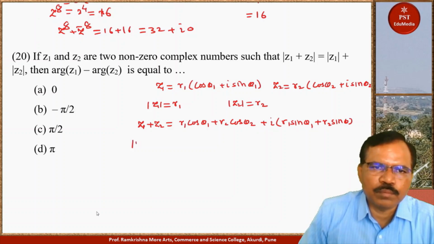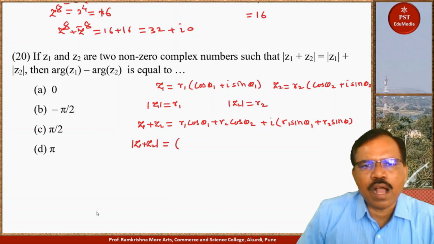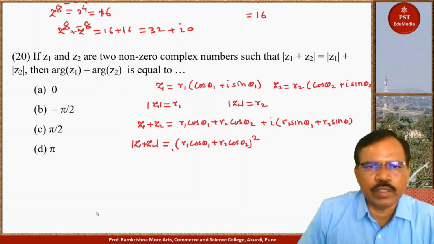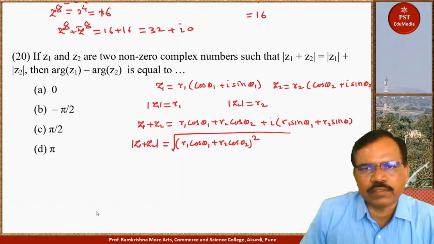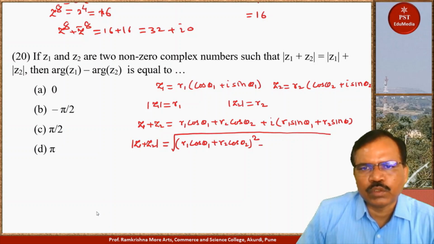So modulus of Z1 plus Z2 will be equal to the square root of real part square plus imaginary part square, that is (R1 cos theta 1 plus R2 cos theta 2) whole square plus (R1 sin theta 1 plus R2 sin theta 2) whole square.